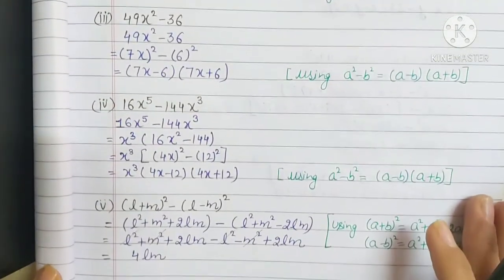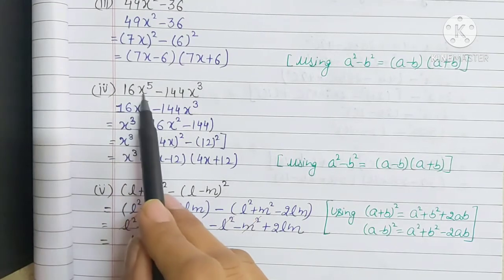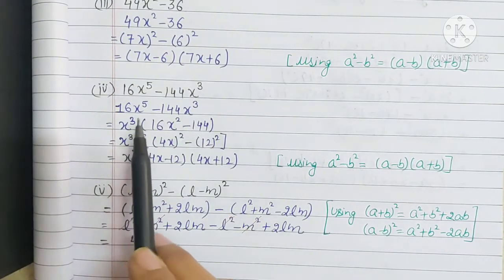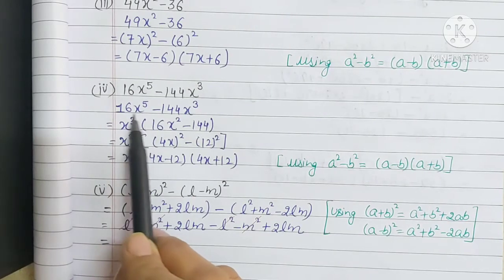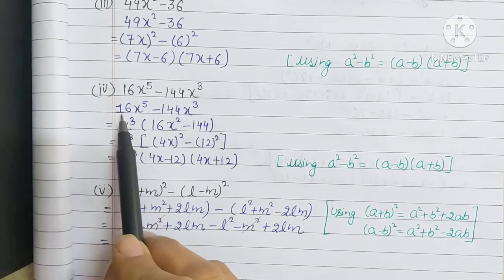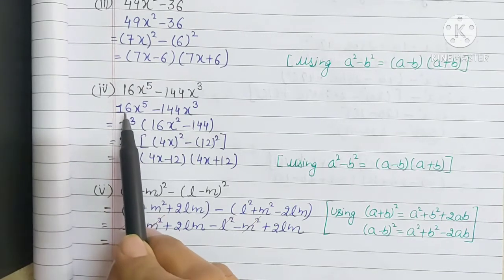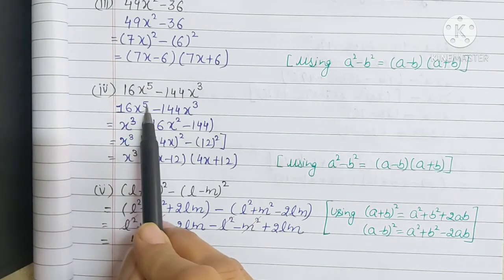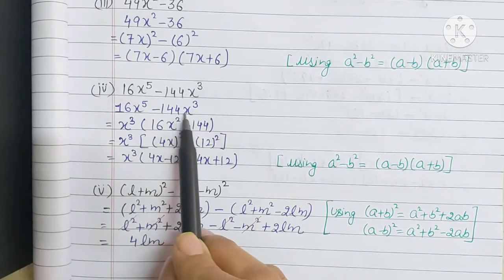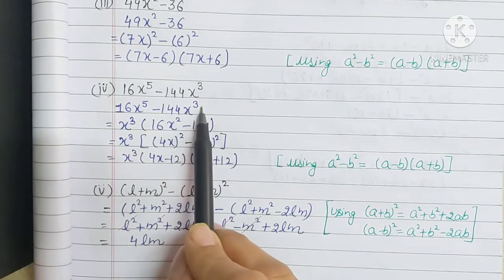Fourth part of the question, it is 16x power 5 minus 144x cube. So again I can see it is not a perfect square expression, but in this, 16 is a perfect square number. The problem is with x raised to power 5. Similarly 144 is a perfect square number, but the problem is with x cube.